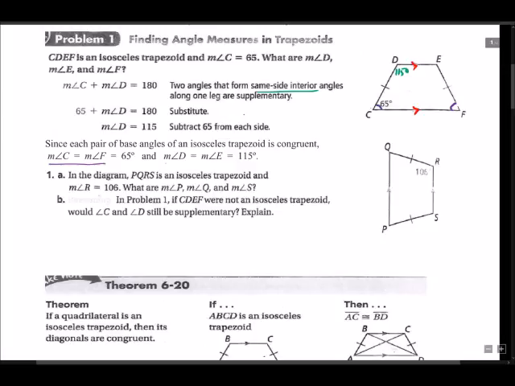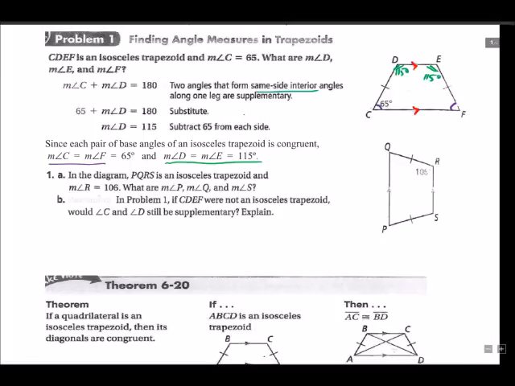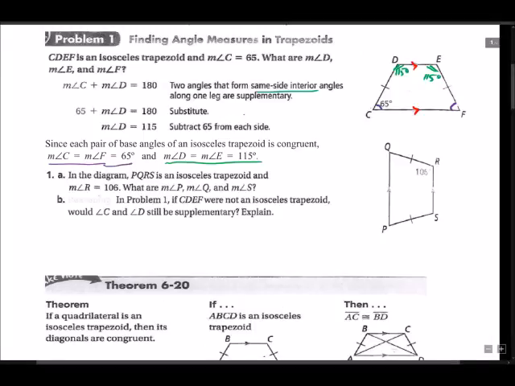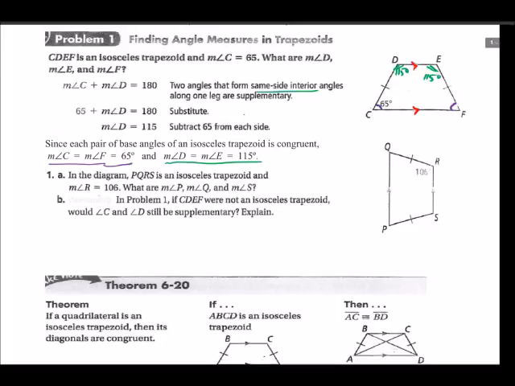And guess what? Our base angles here and here are congruent, so angle E is going to be 115 degrees as well. So that was pretty easy. And it looks like it's your turn. Go ahead and pause the video and give the next problem a try.